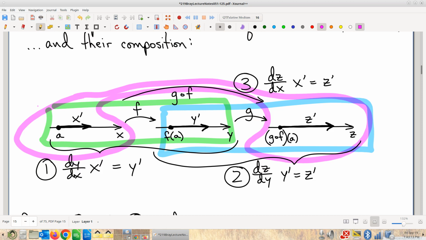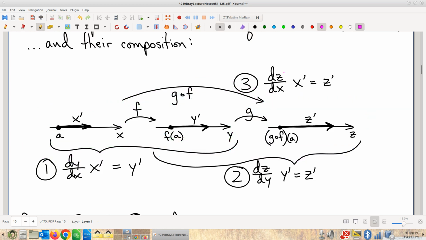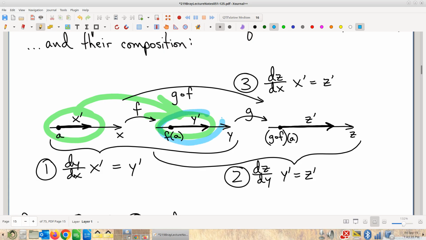Okay, all right. With this in mind, keep in mind, derivatives are multiplicative factors, right? So what is f prime? Let me draw this a little bit differently. F prime is that factor. Likewise, where's G prime on this picture? Well, G prime is this factor.